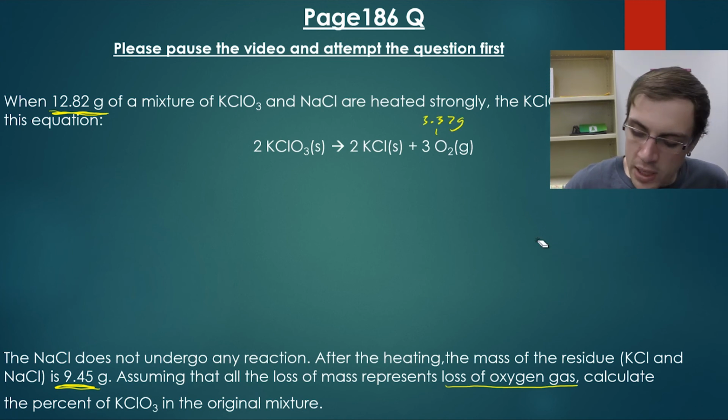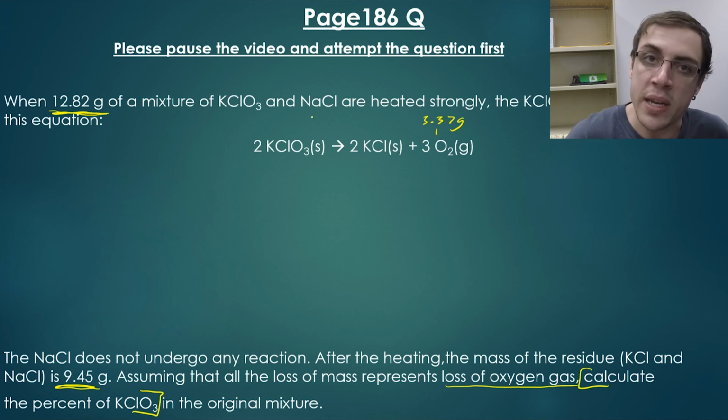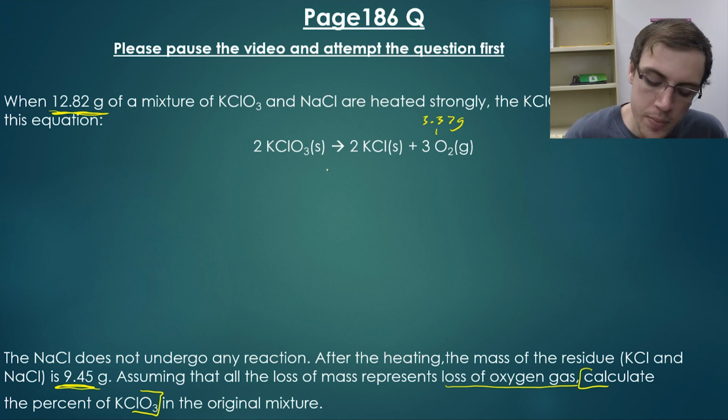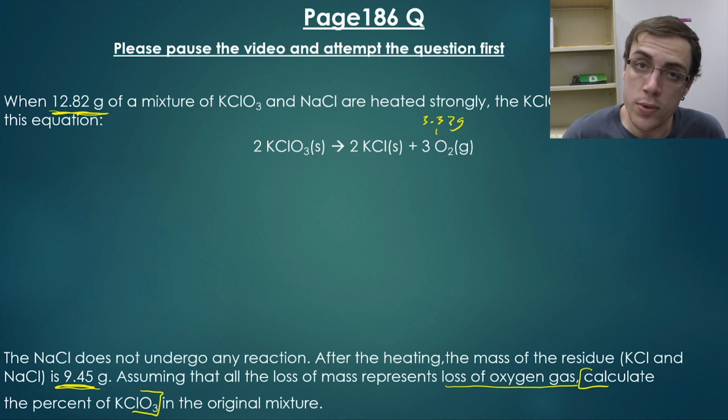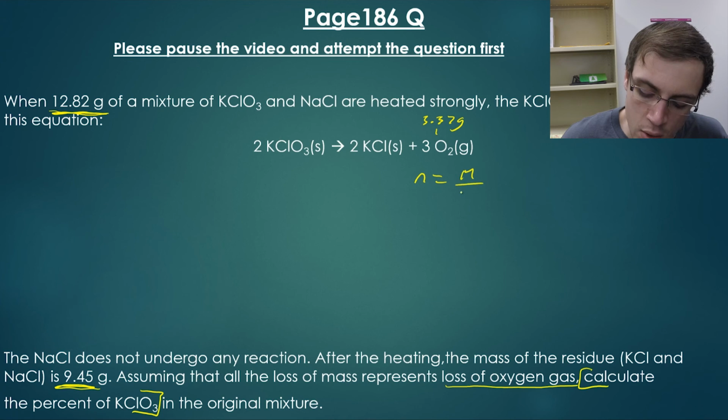Okay, so now that we know the mass of oxygen, this is when we can start to answer the question. So calculate the percent of potassium chlorate in this original mixture. So the first thing we need to do is we need to get our mass over here. So we do this by converting our oxygen into moles. So we go moles is equal to mass over molar mass.